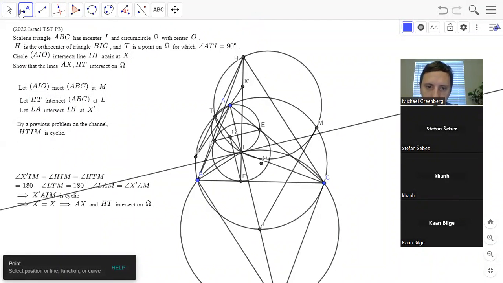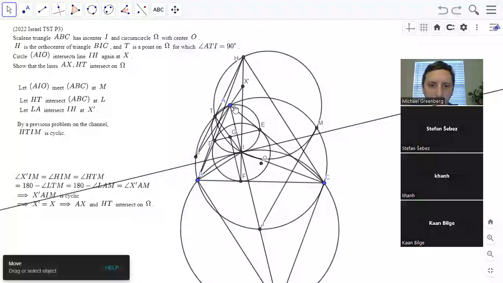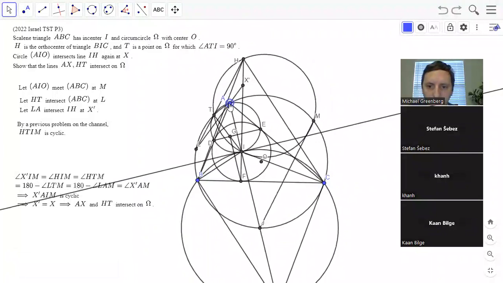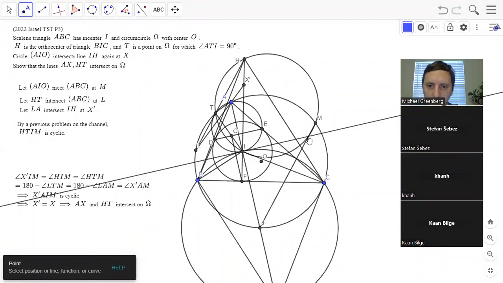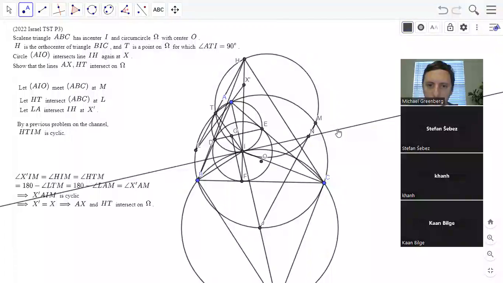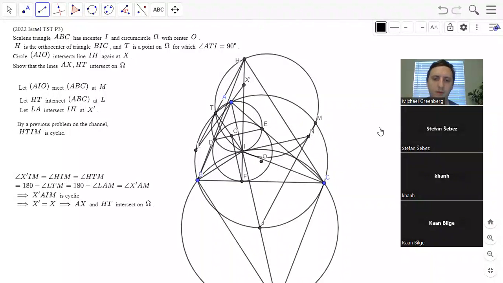Yeah, can you call that intersection of that line with JM N? Oh, they meet on the circle, I guess, right? That's what you're going to prove? Yeah. I have to use a fifth point to prove that HTIM is cyclic.